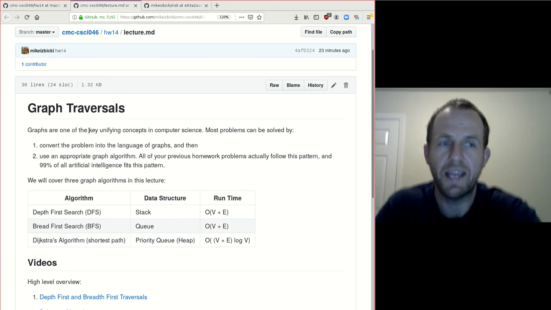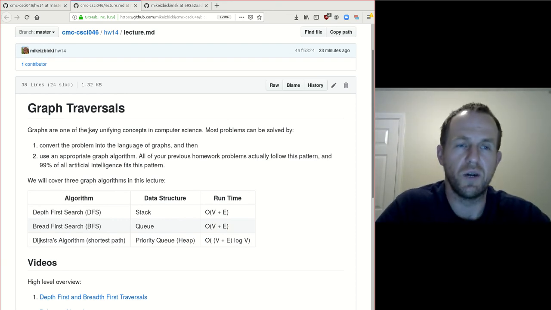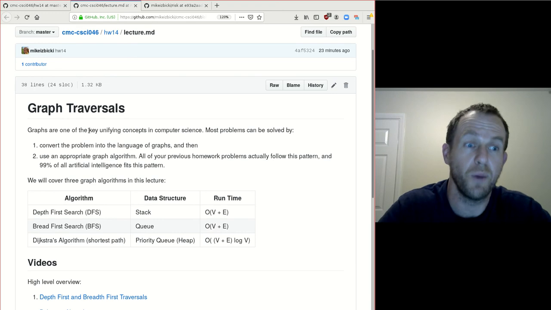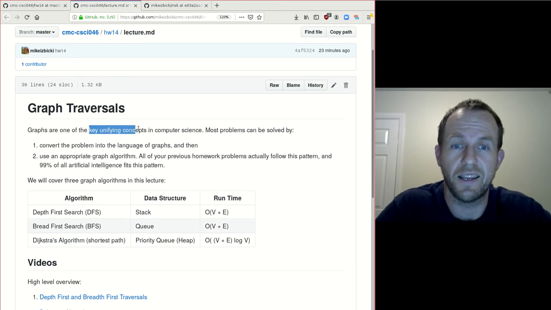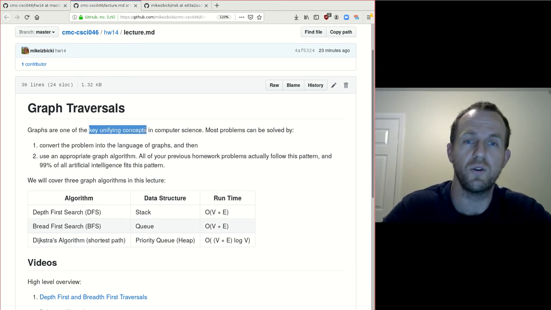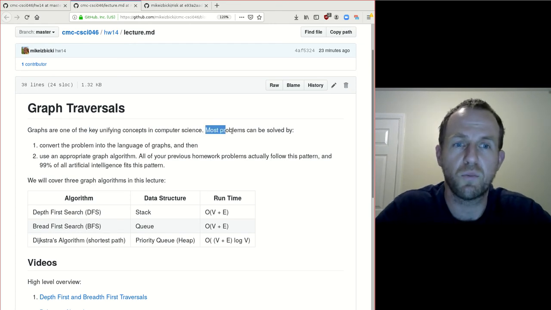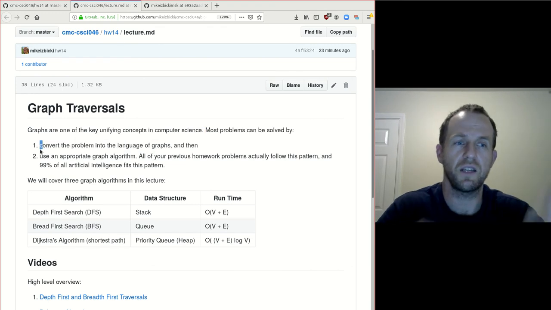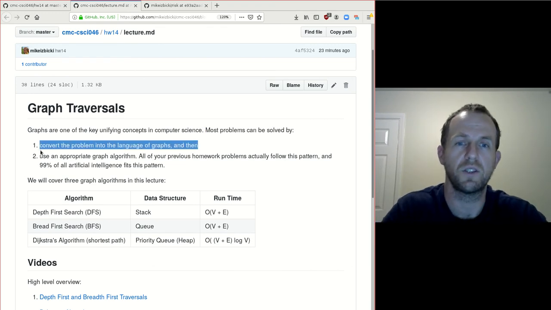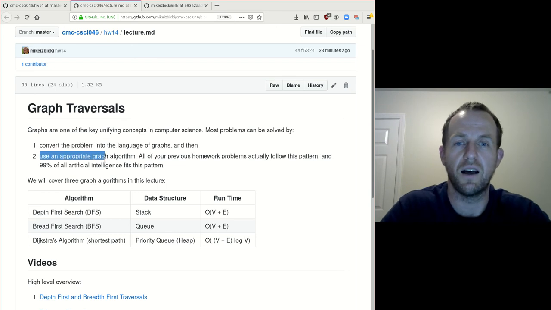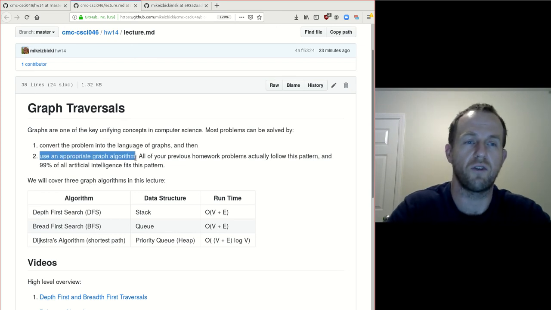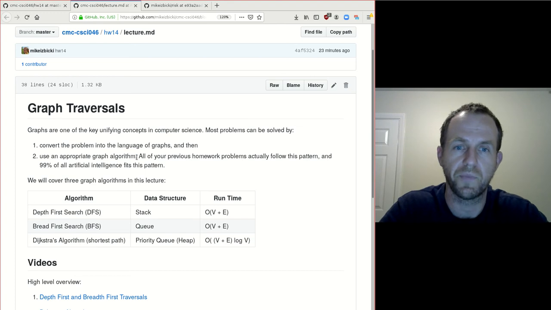So one of the key takeaways that I want you to take away from this assignment is that graphs are a super unifying concept throughout all of computer science. And most problems can be solved by first somehow cleverly converting your problem into the language of graphs, and then using some sort of graph algorithm on that problem.